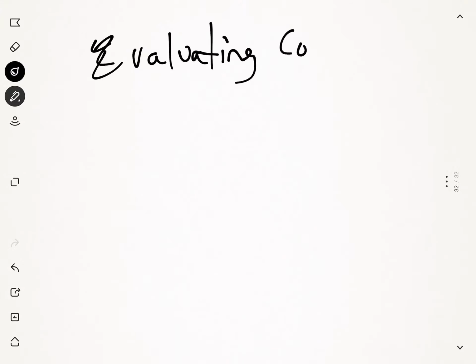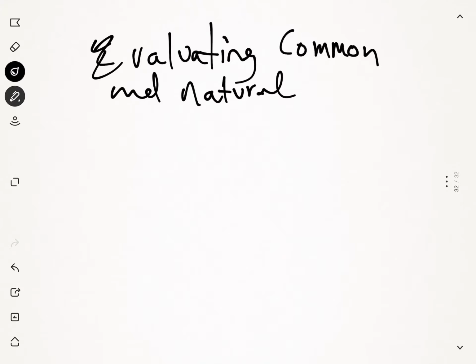So now let's look at evaluating common and natural logarithms. A natural logarithm, I'll get to that in a moment, but it has a different notation for it.